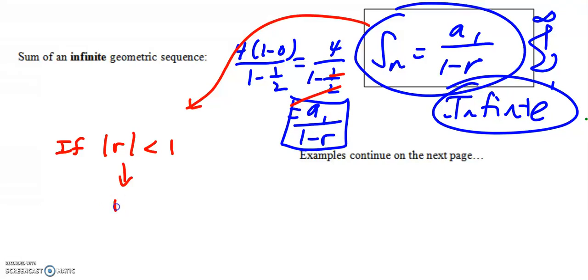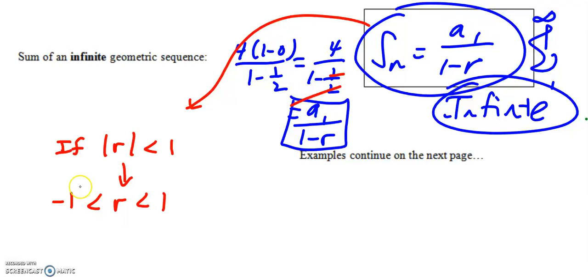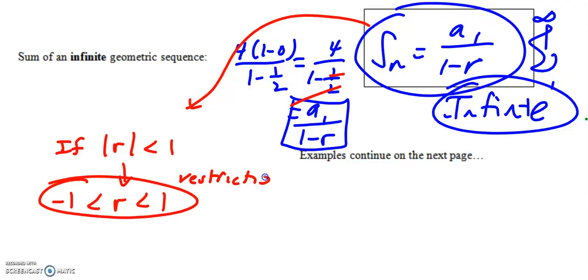What that really means is that my common ratio has to be between -1 and 1 in order to work, which we saw back here, because 1/2 is between, and because we were able to converge to 0, it ended up working. So this is the restriction we need to keep our eye on.